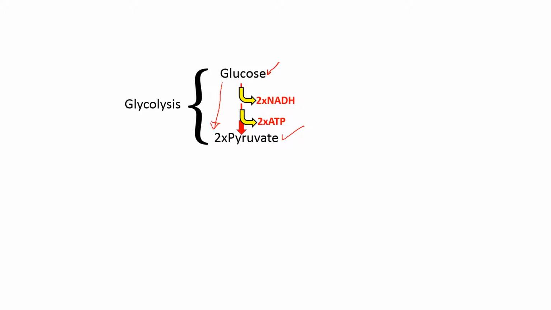Now, the two pyruvate molecules, which are the end products of glycolysis, that would be these two pyruvates, they can't accumulate indefinitely in a cell. The pyruvate has to go somewhere. Now, how the pyruvate is eliminated or processed depends not only on the type of cell, but on the conditions under which this process occurs, such as the presence or absence of oxygen.